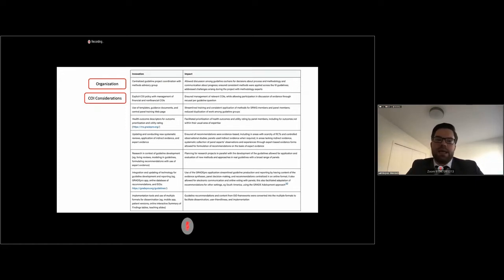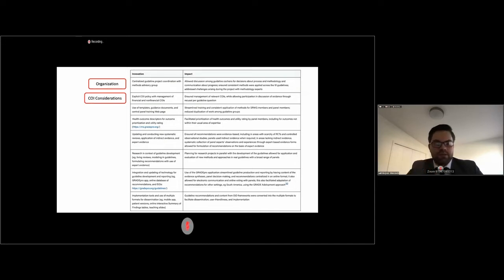And throughout the process, we had an explicit COI policy that the American Society of Hematology developed in consultation with the guideline methodologist working on the project and the principal investigators working on the project, that ensured management of relevant conflicts of interest while allowing participation of those who were recused in the guideline development process, in that they were able to discuss evidence and contribute to the process even though they had specific conflicts, but they were recused from making any judgments or influencing or commenting on the final recommendation.